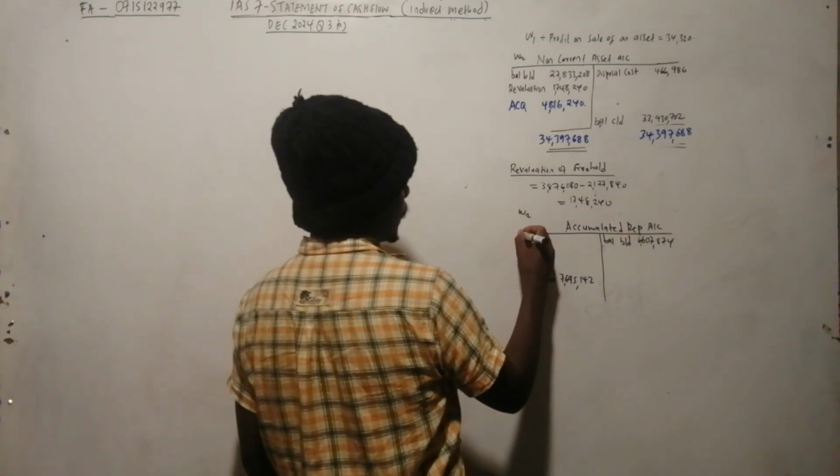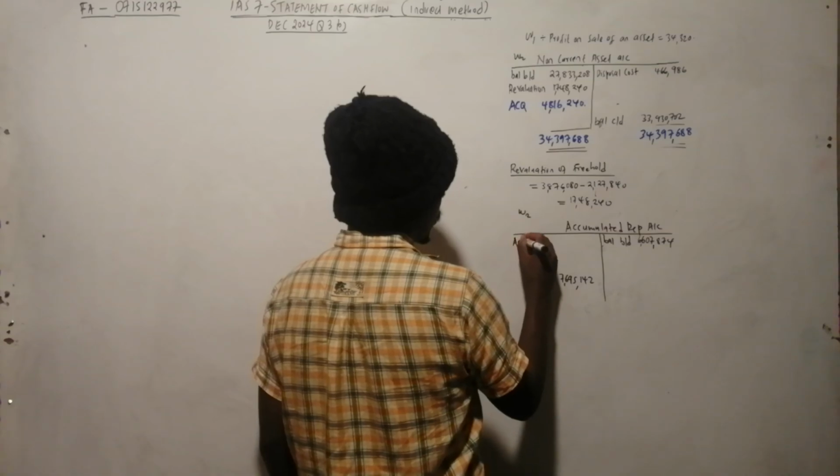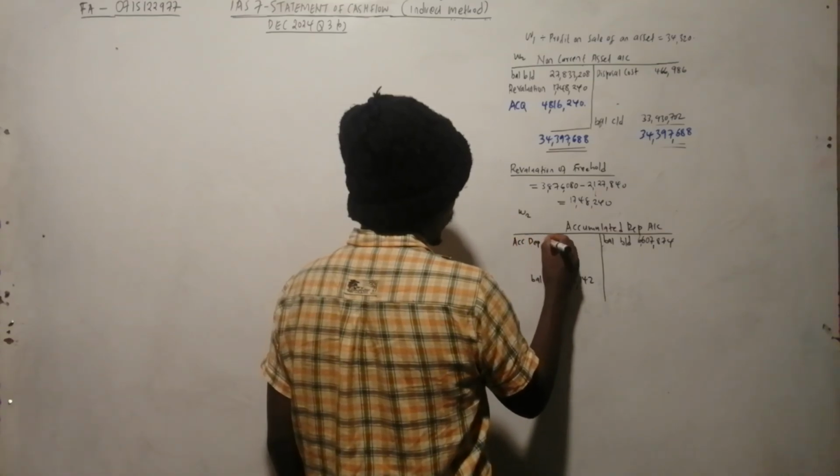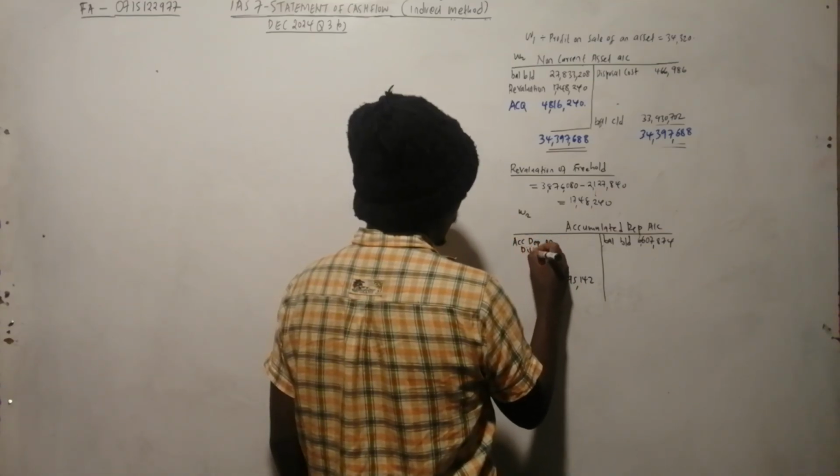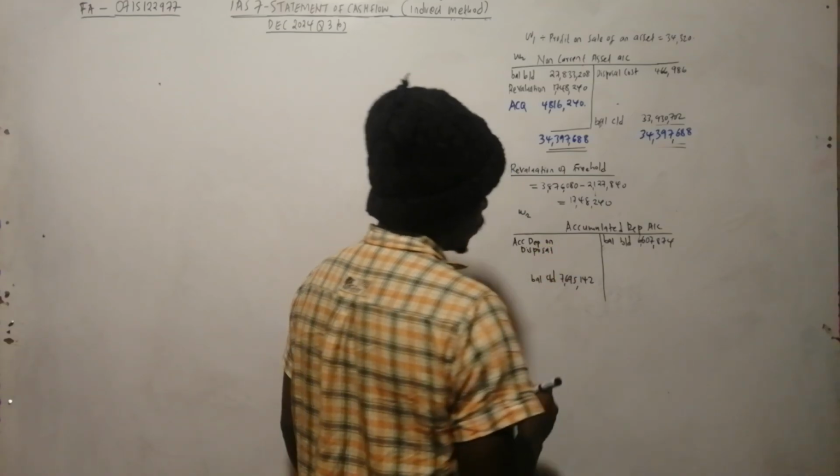Now we can look for the information which affects this account. We are supposed to look for the accumulated depreciation on disposal. So you record here accumulated depreciation on disposal. It was information number 1. So how much was it?